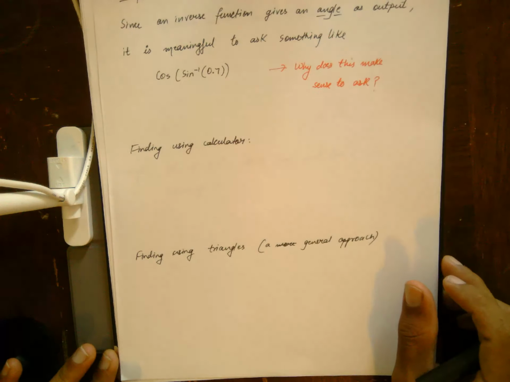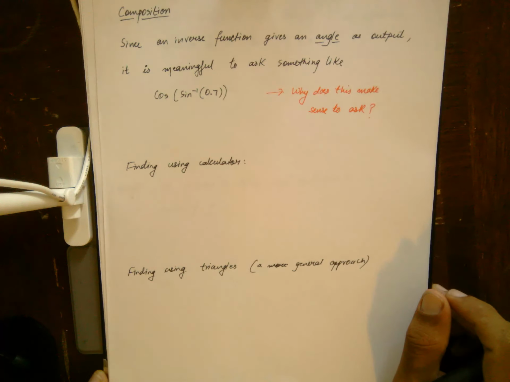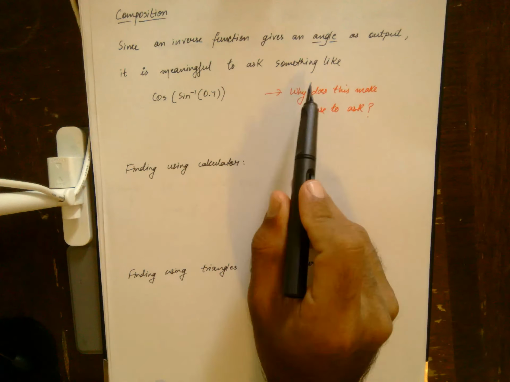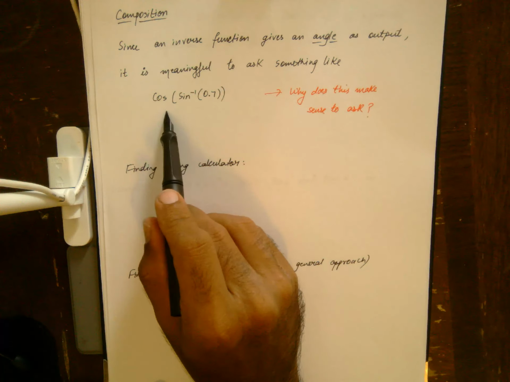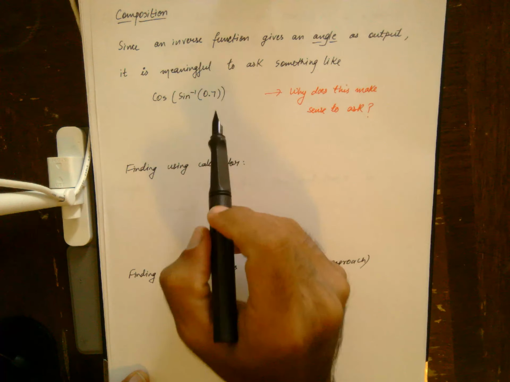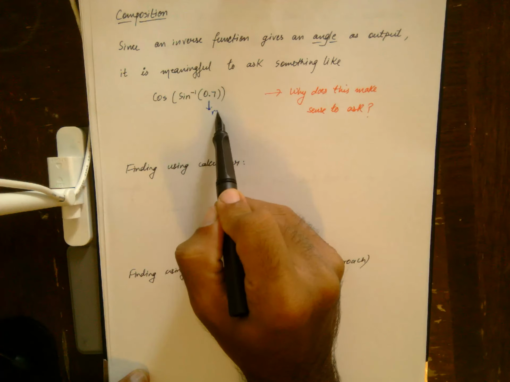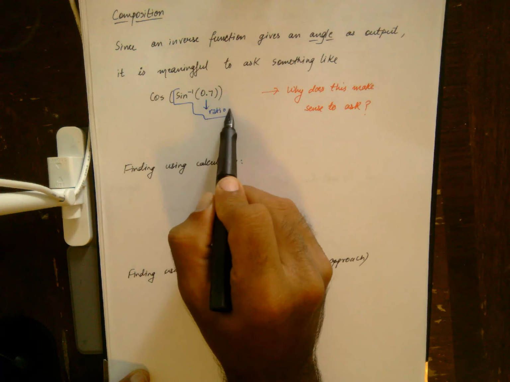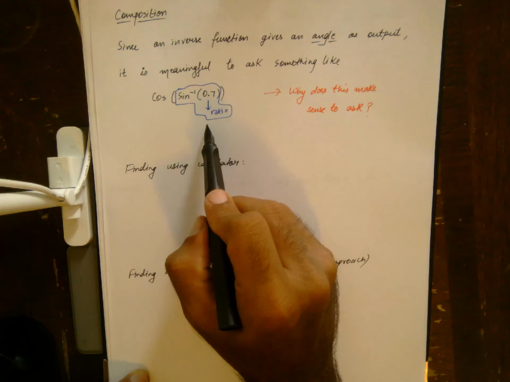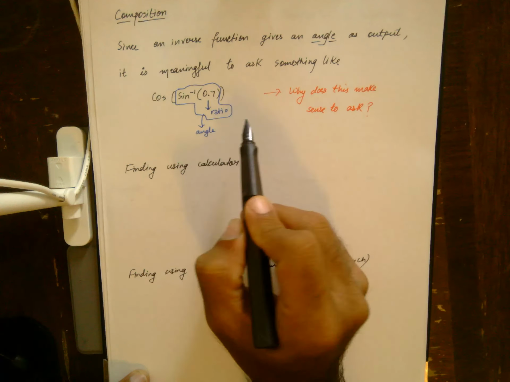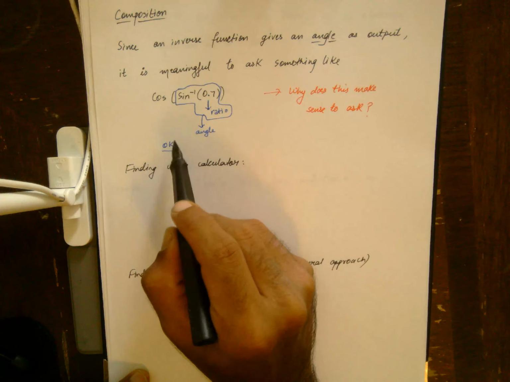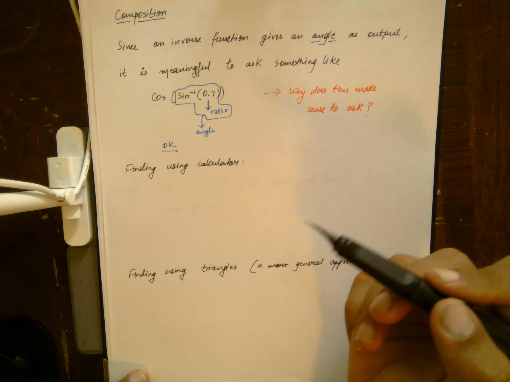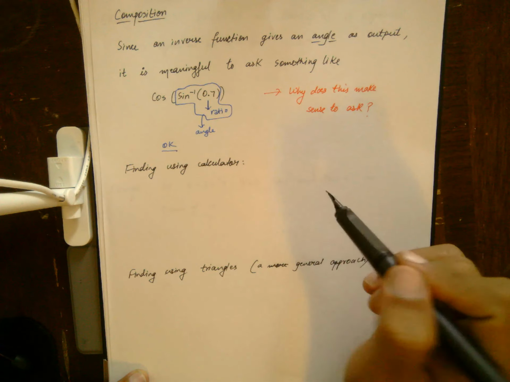Now we are going to look at composition of inverse functions. First of all, what does it really mean? Is it meaningful to say something like cosine of sine inverse 0.7? 0.7 is a ratio. When I throw that into sine inverse, what this gives me back is an angle, which is okay because the cosine function is designed to take as an input an angle.